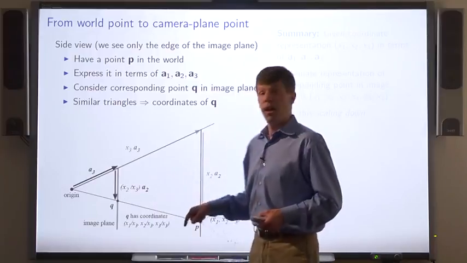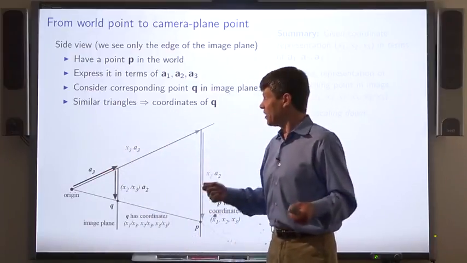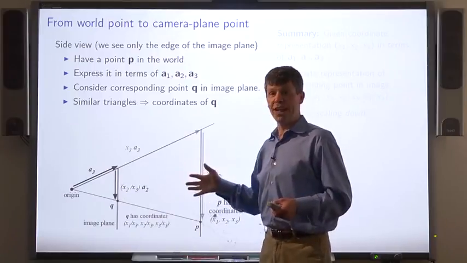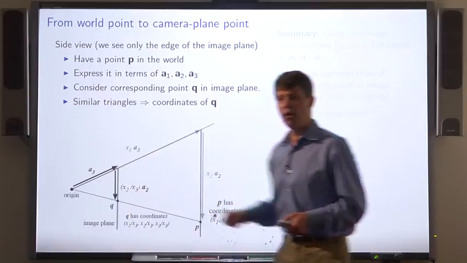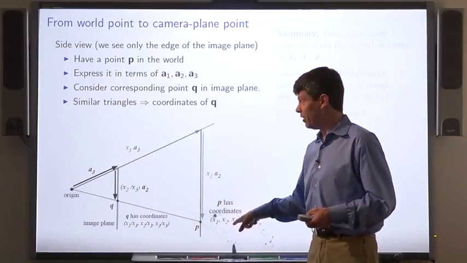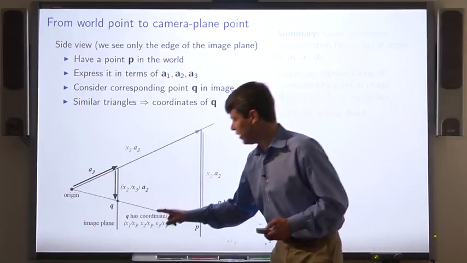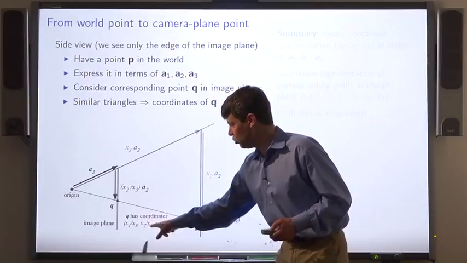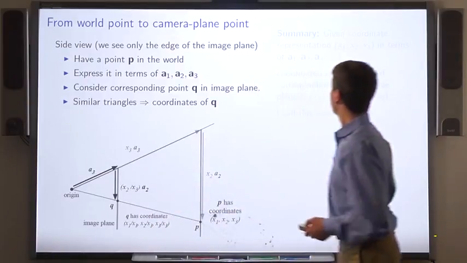To get from x3 A3 to A3, we divide by x3. But by similar triangles, we have to divide all the coordinates. So the coordinates of this point are obtained by dividing all the coordinates of P by x3. So its coordinates are x1 over x3, x2 over x3, and x3 over x3, which, of course, is 1.